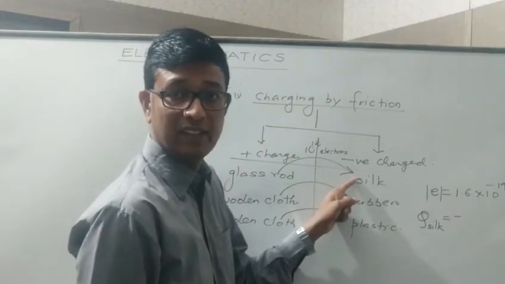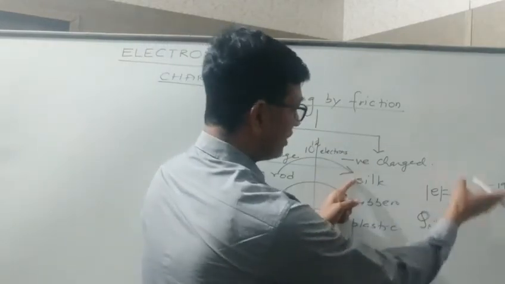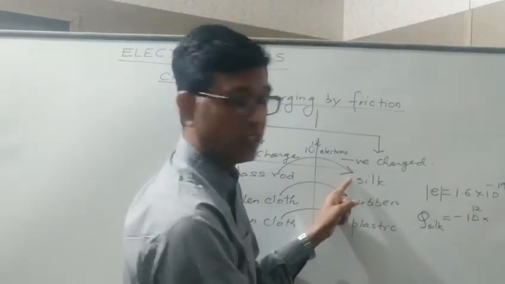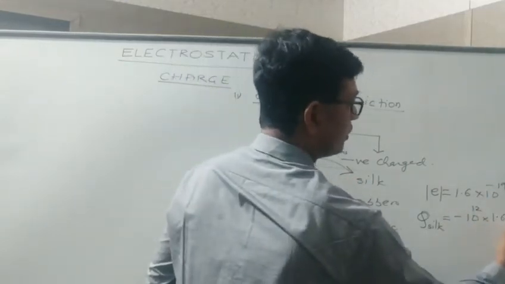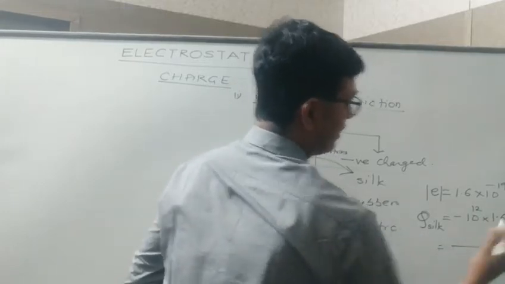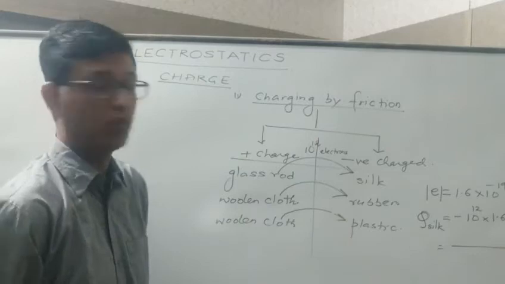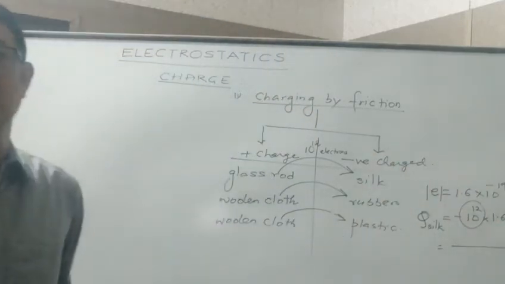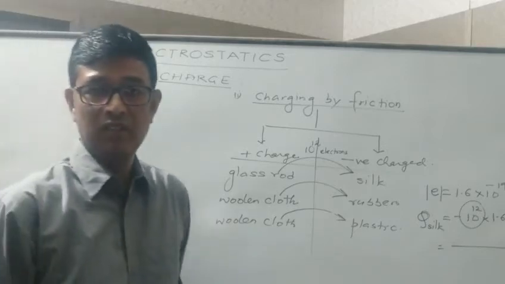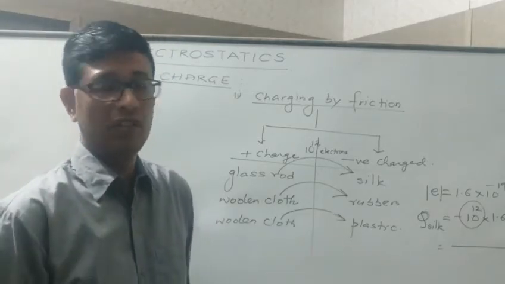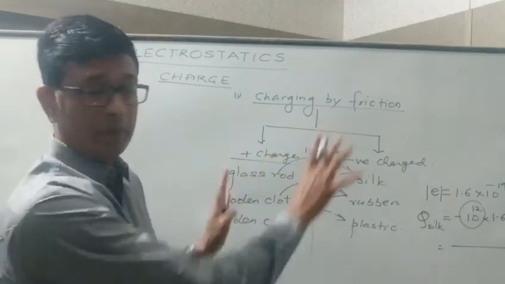How many electrons are getting transferred? 10 raised to 12. And what is the charge on an electron? Magnitude wise 1.6 into 10 raised to minus 19. So this will be the net negative charge acquired by silk. So what I mean is, this should be some integer. It can't be in fraction. So this is known as quantization of charge. Again, this we will discuss later on. So I hope it's absolutely clear.